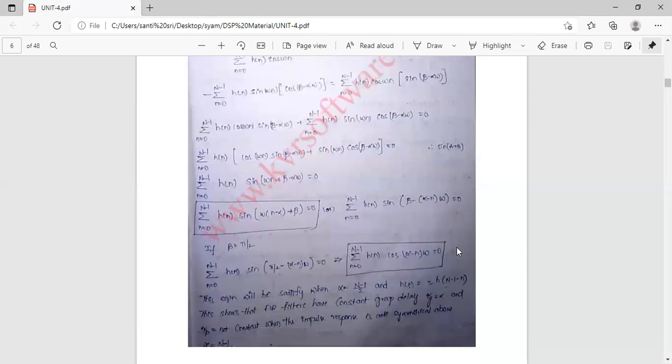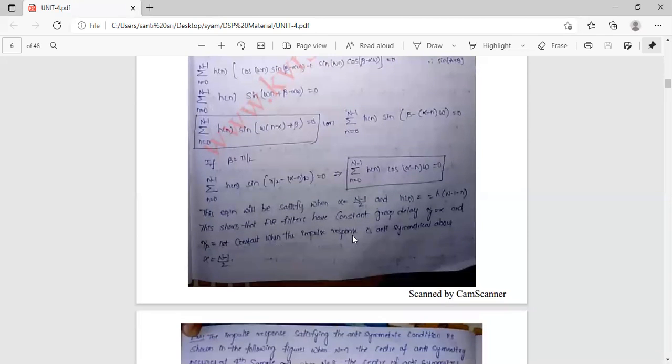If beta equals pi by 2, then it becomes sigma h of n into sin of (pi by 2 minus (alpha minus n) omega), which is equal to sigma h of n cos of (alpha minus n) omega equals 0.